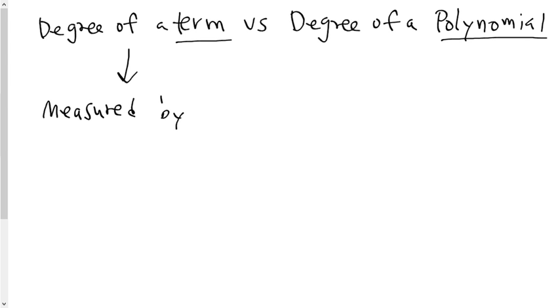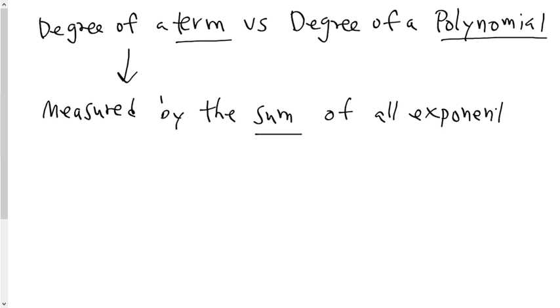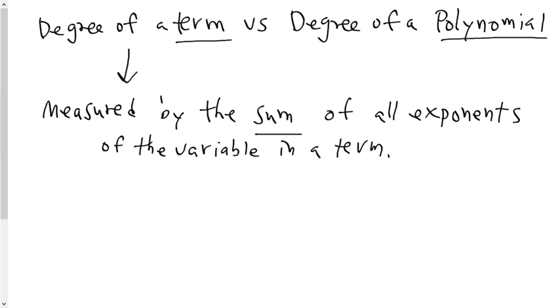Measured by the sum, being, of course, the word for addition, the sum of all exponents of the variables in a term. There's our definition. Measured by the sum of all exponents of the variables in a term.